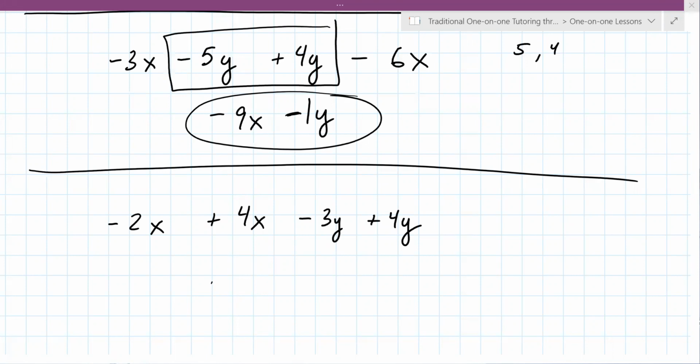Take as much time as you need. It's important that you get your practice in on this.